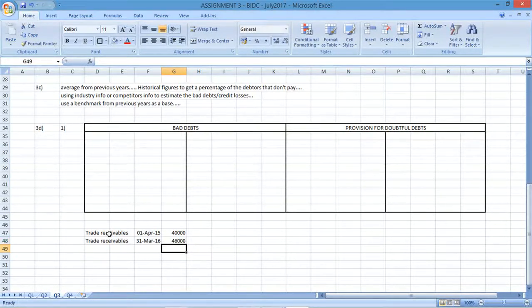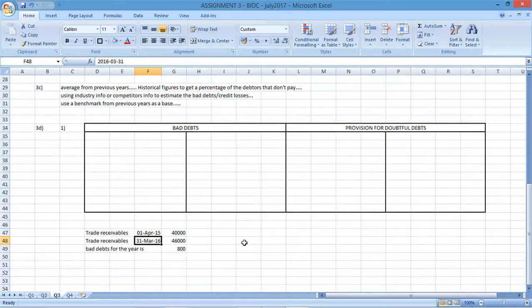And they say bad debts written off for the year is 800. That's what they've given us in the question. They've stated trade receivables 1st April 2015 and then 31st March 2016.